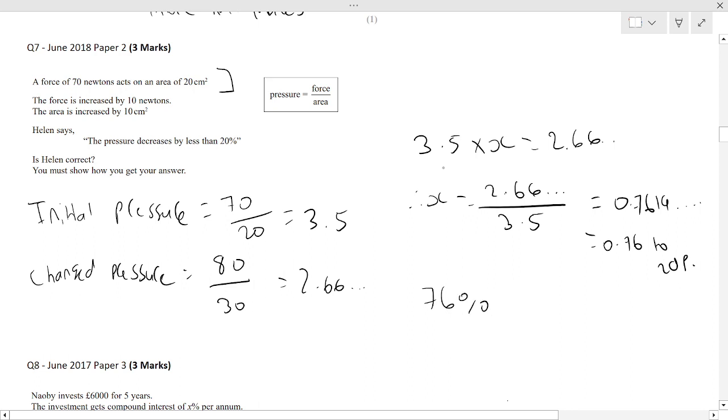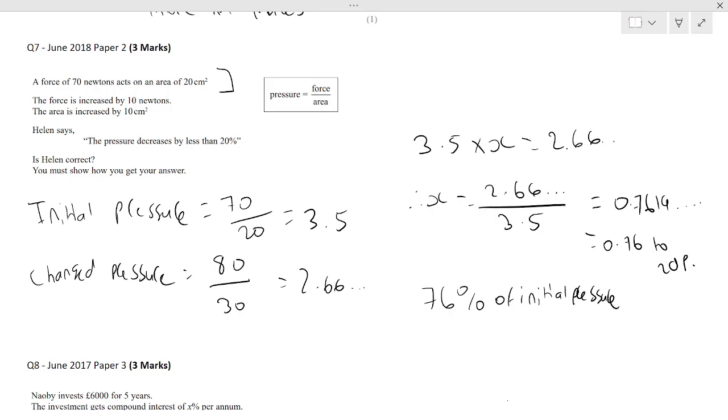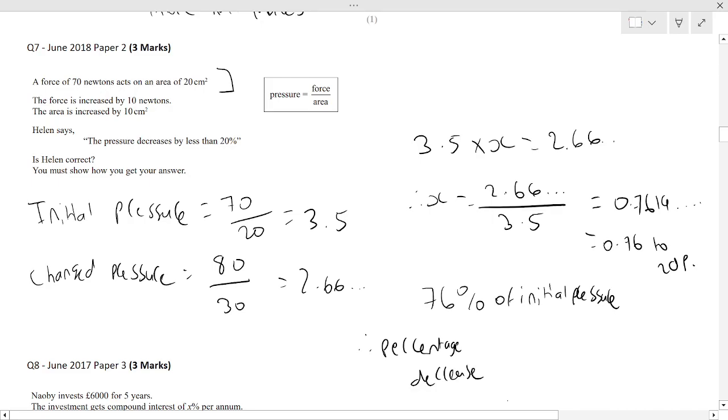So it's saying it's 76% of the initial pressure. So therefore, the percentage decrease is going to be 1 minus that. It's going to be 100 minus 76, which will be 24.